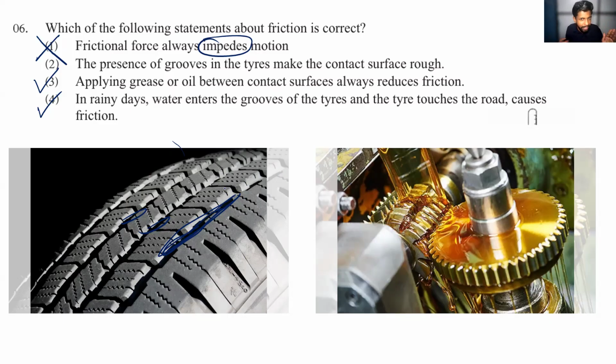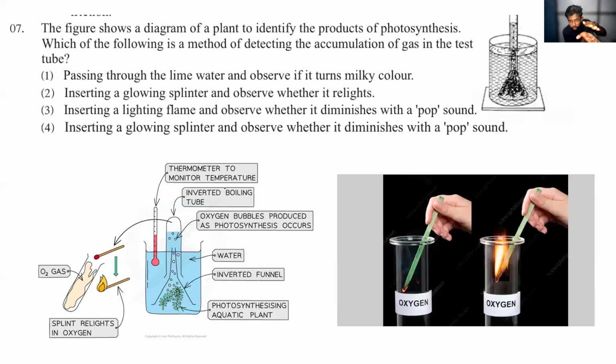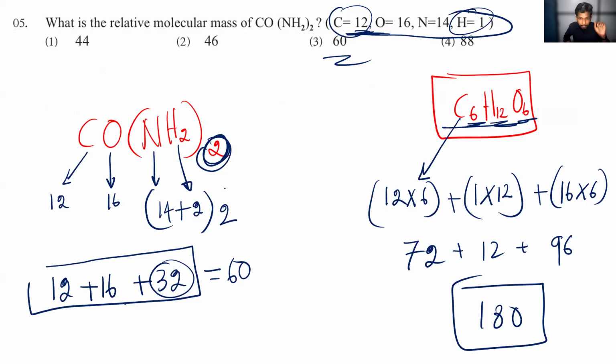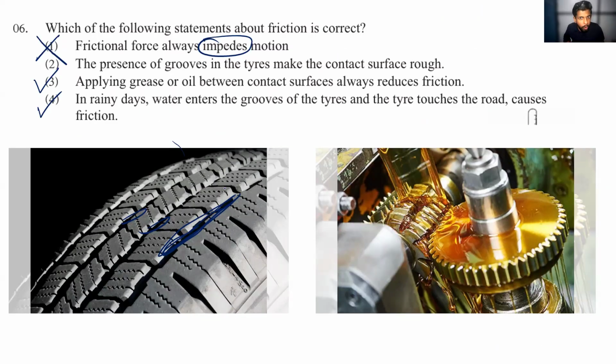Well, can you understand what I am explaining here? When the tire is on the road, the tire and the road will be in contact. But if there is water, the vehicle will slide, right? But we have the grooves. So all the water will move into the grooves.